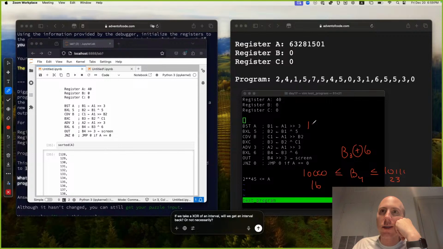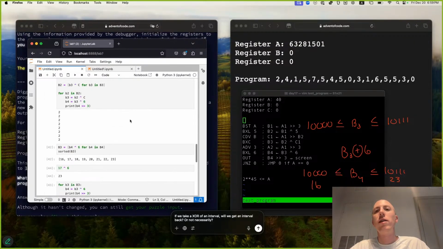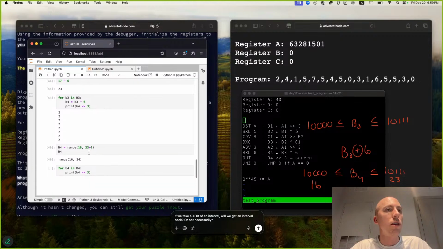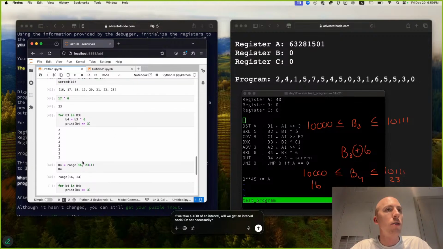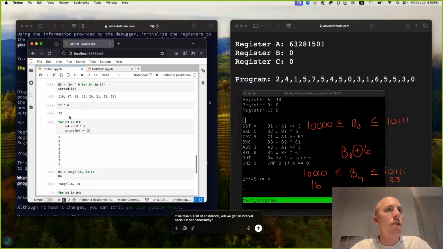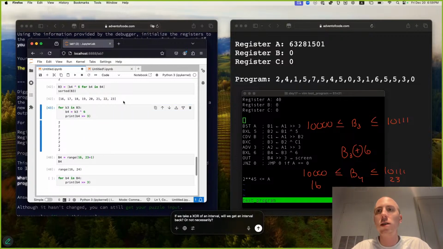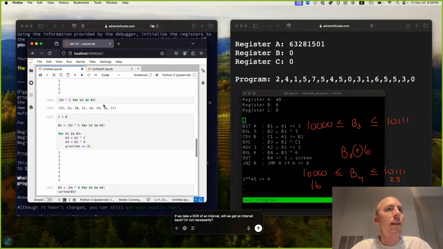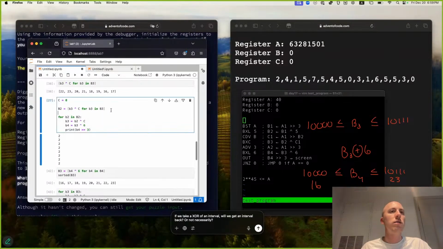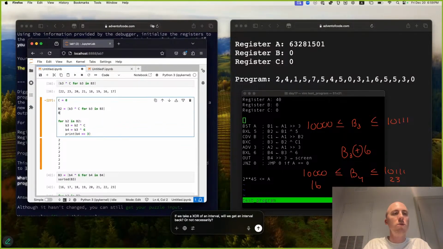Yeah, so this still stays at that, and we can verify that by looking at the numbers. We started off with B3, and then we did B3 again, and we're still within 16 and 23. So now let's do it with B2.